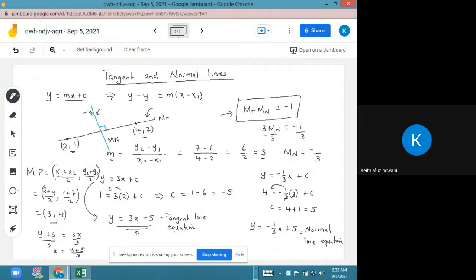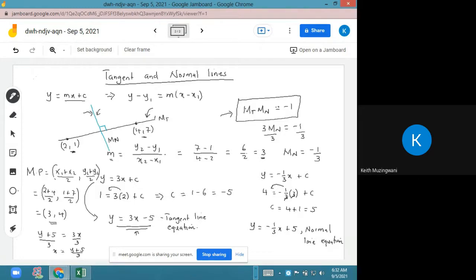The negative is not there, and the 5 is being divided by 3. So you cannot say that's the inverse.